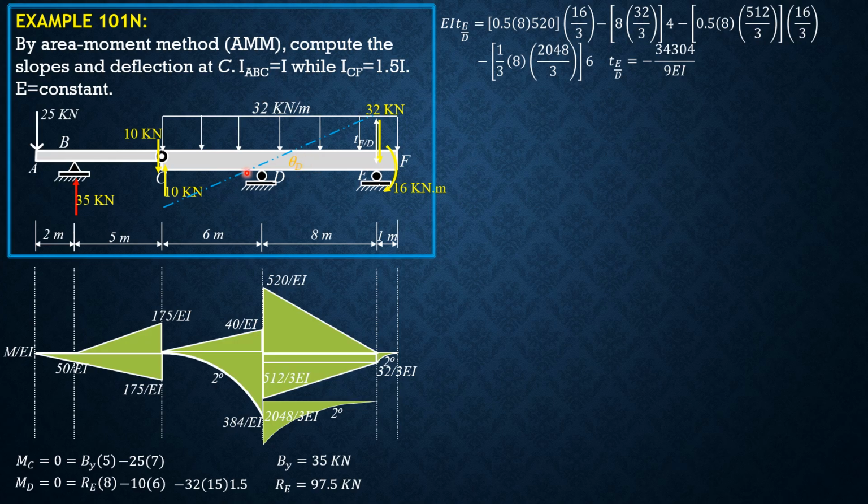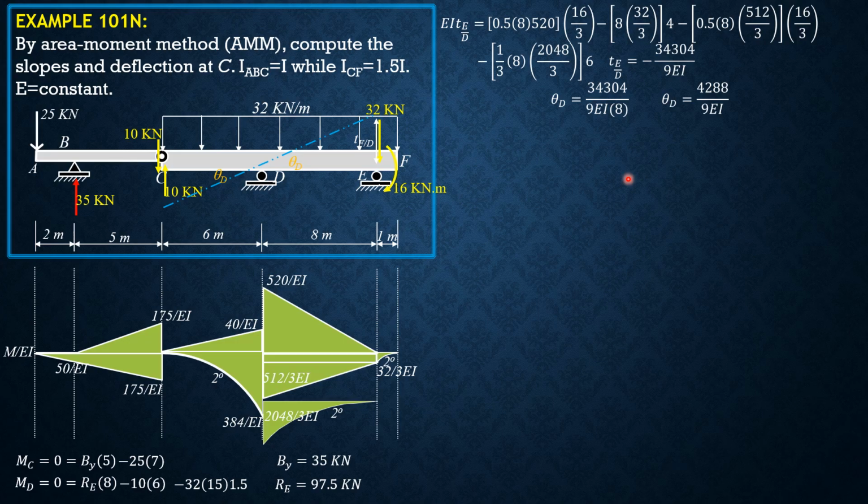Theta D, the angle that this tangent at D makes with the horizontal, is positive. The deviation of E relative to D is 34304 over 9 divided by 8. So theta D is equal to 4288 over 9 EI.